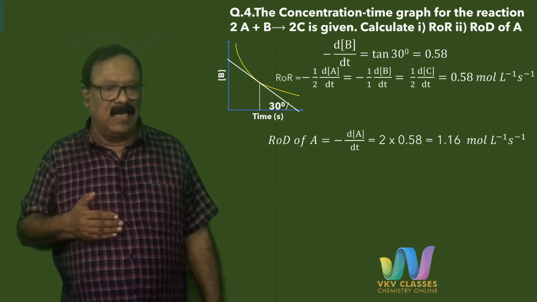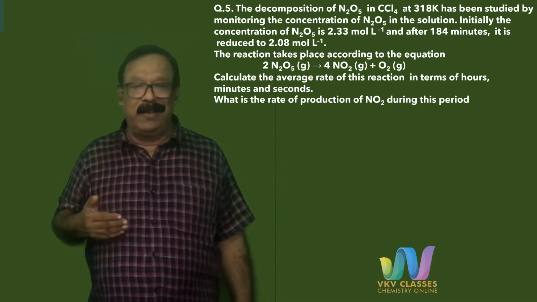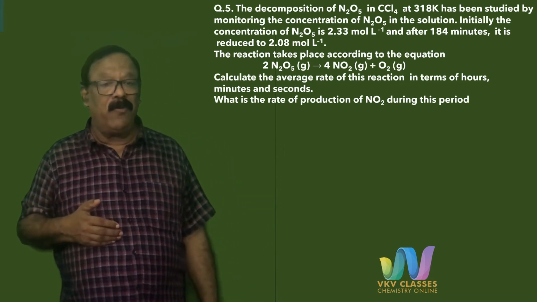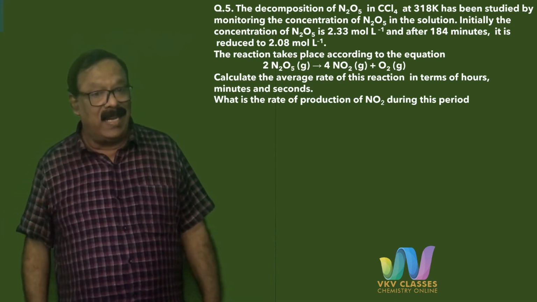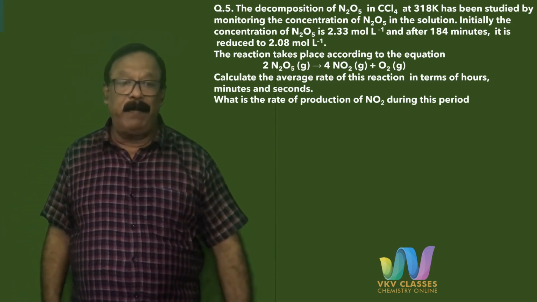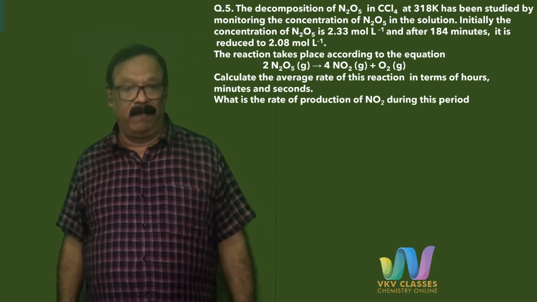Have the confidence. Then one more question, a pretty long question. The decomposition of N2O5 in CCl4 at 318 Kelvin has been studied by monitoring the concentration of N2O5 in the solution.